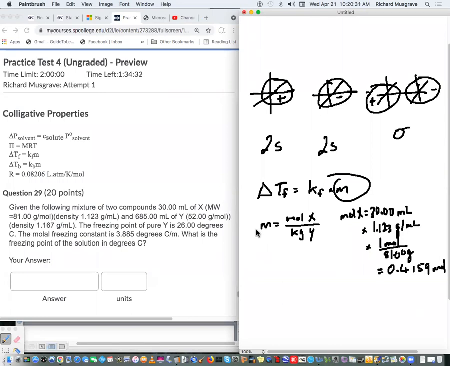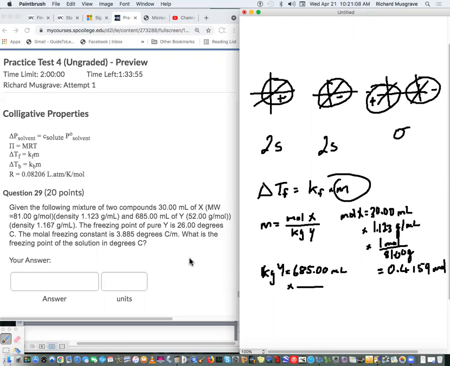So we need the kilograms of Y. We do have a volume here, 685 mL. So it's going to be 685.00 mL times, now this is a little tricky because we have to use the flip of the density to get the mass. Oh, no, we don't.